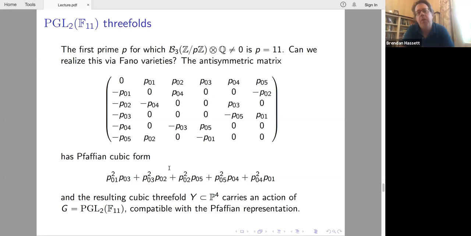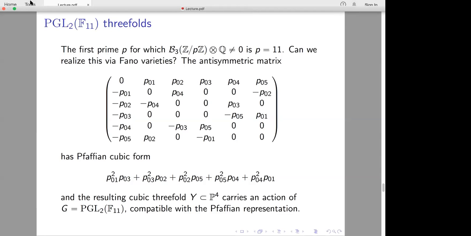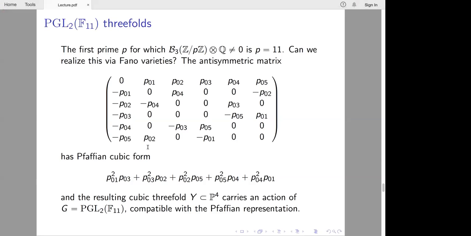I think that the fixed point loci actually involve surfaces. I tried to pull up the Magma code, but I think it involves a surface. So no, I'm not speaking about the PGL2(11) case. I'm asking about the cyclic group of order 6 on the fourfold.